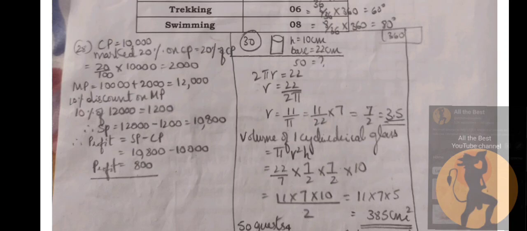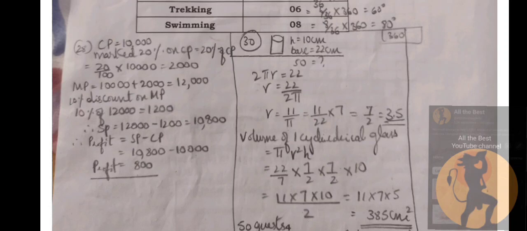Marked 20% on the cost price, which is 20 by 100 into 10,000, which is equal to 2,000. So MP is equal to 10,000 plus 2,000, which is equal to 12,000. See, 10% discount on the marked price, 10% of 12,000 is equal to 1,200. So SP is equal to 12,000 minus 1,200, which is equal to 10,800.